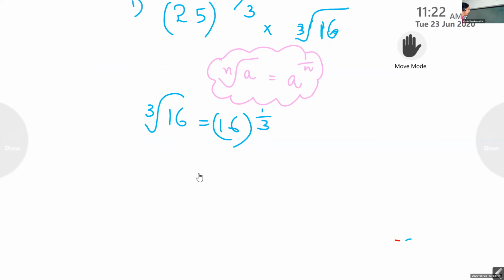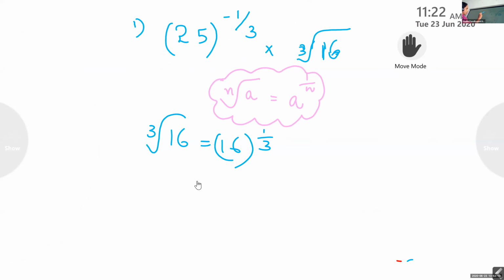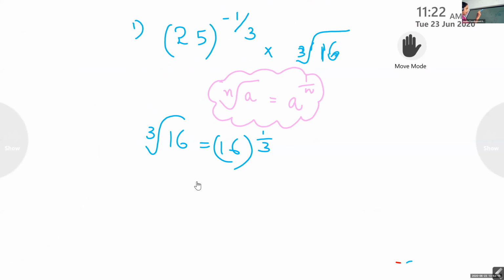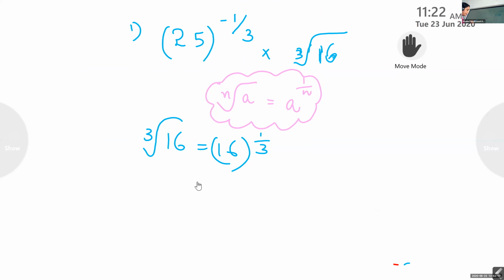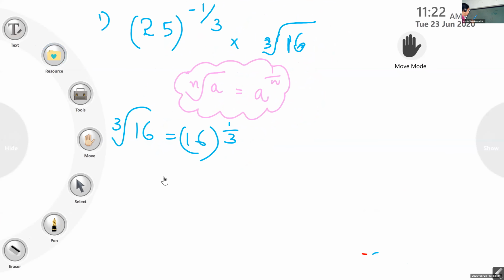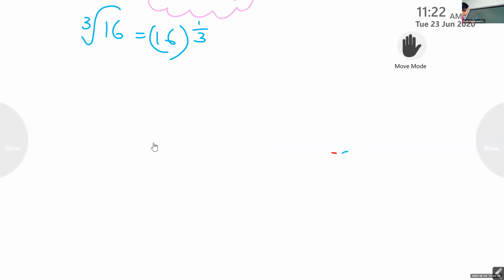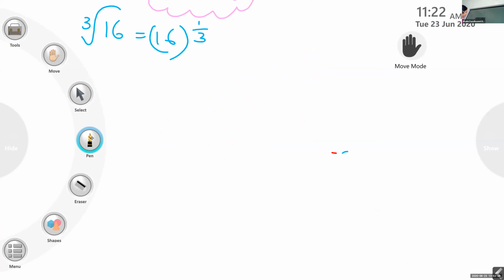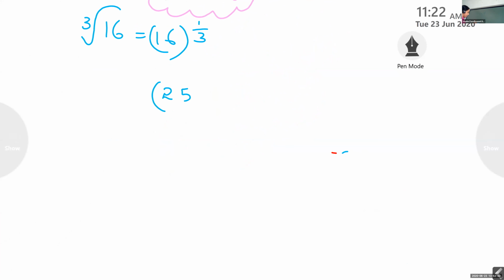But you see this 25 raised to negative 1 by 3. I'll show it again, so I'll move the board. Here 25 raised to negative 1 by 3 is already there, and you made that cube root of 16 as 16 raised to 1 by 3.